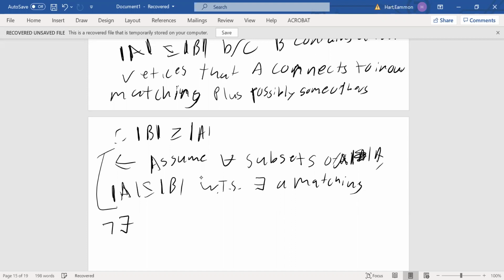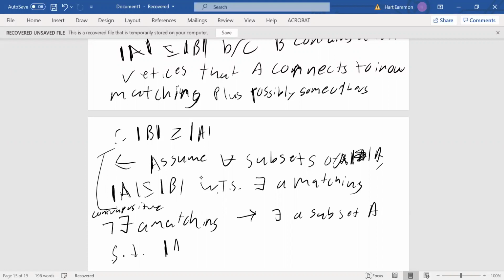So the contrapositive of the statement is: there does not exist a matching implies that there exists a subset A such that the cardinality of A is greater than the cardinality of B. Right?